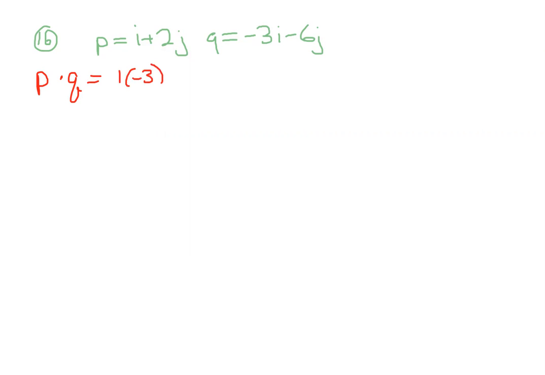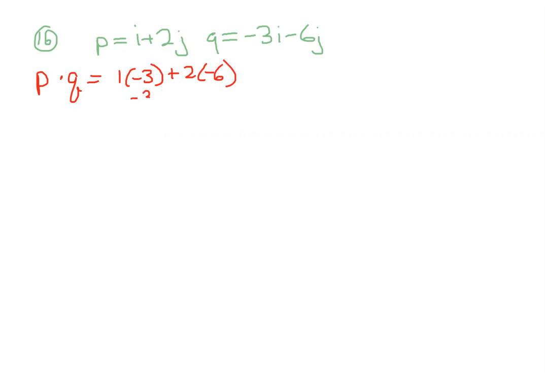And we got one more. I'll just do it. Number 16. We have P equals i plus 2j, and Q equals -3i minus 6j. So let's see what we need to do. P dot Q equals -15. 1 times -3 plus 2 times -6.